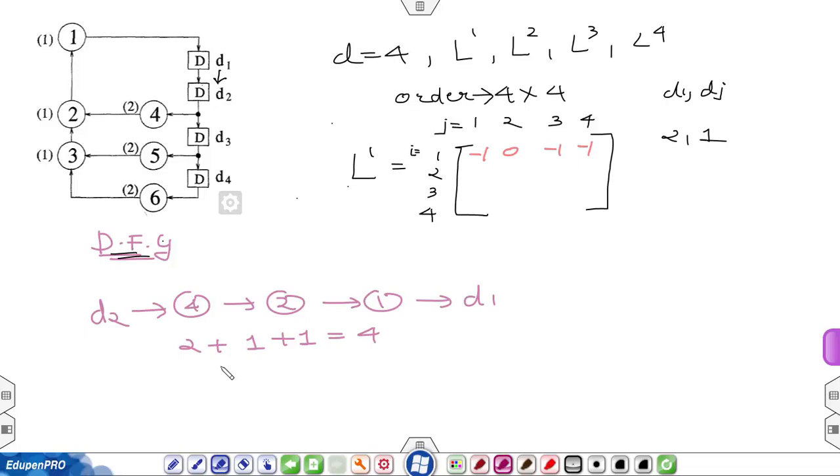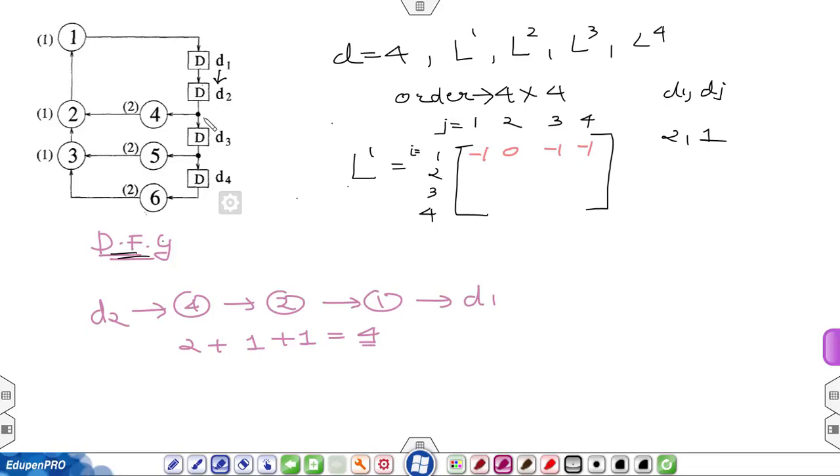You have to look for an alternative path also, and select the maximum one. If any other alternative path exists, perform the calculation in a similar manner, and if that value is greater than this, select that value. Here there is no alternative path from D2 to D1.